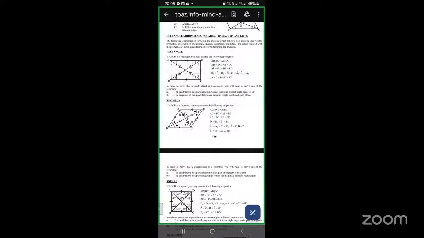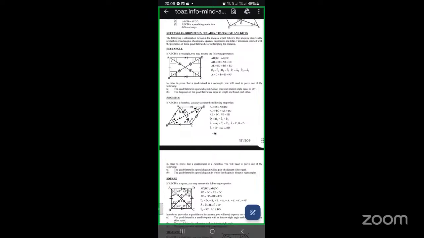I was asking you guys if these properties of a rectangle make sense to everyone. Yes, sir. Okay.